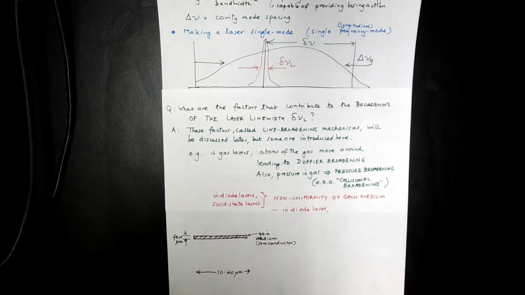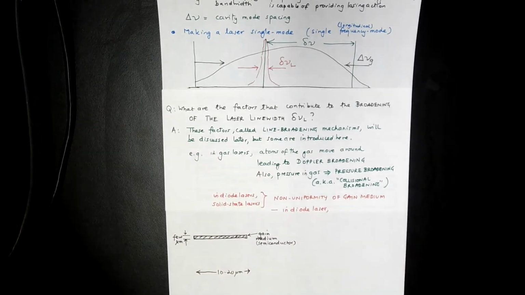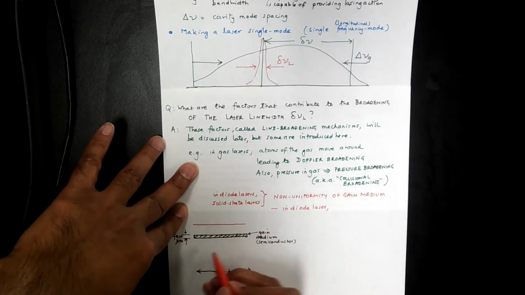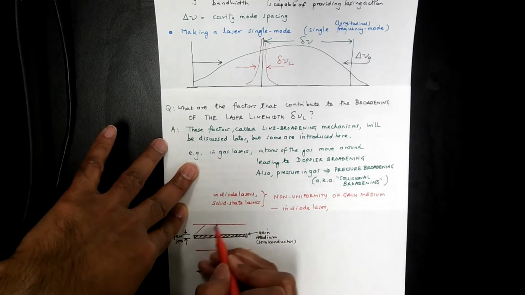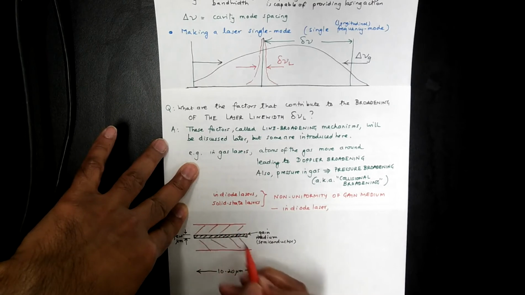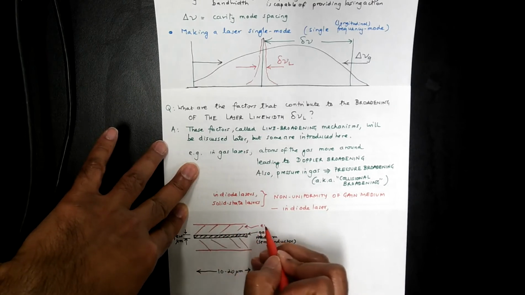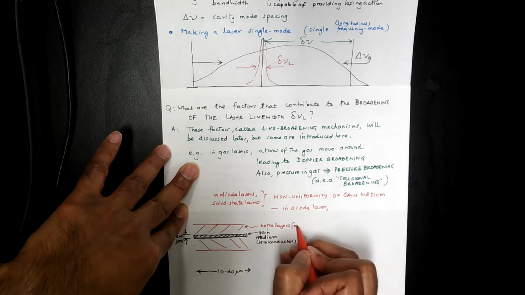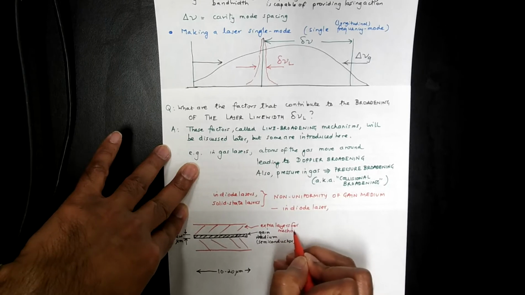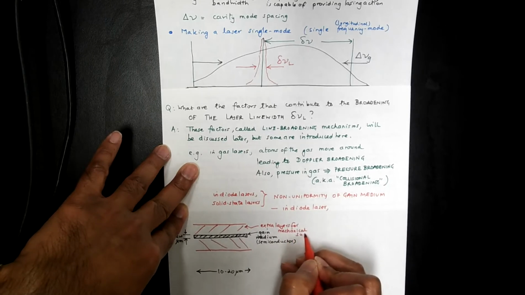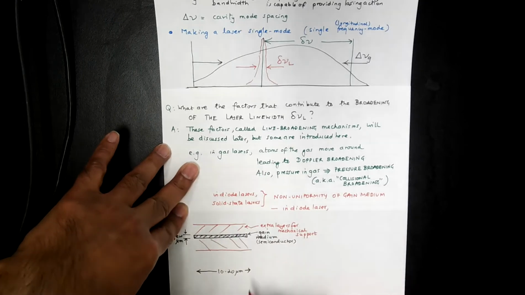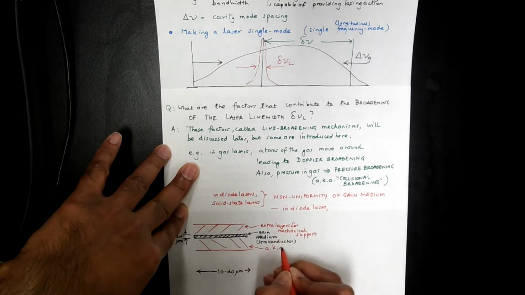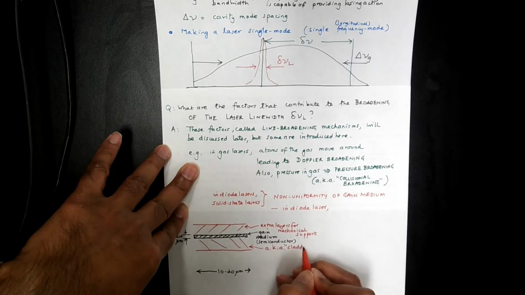Okay, on either side of the gain medium there are some extra layers, for mechanical support. This is also known as the cladding sometimes.